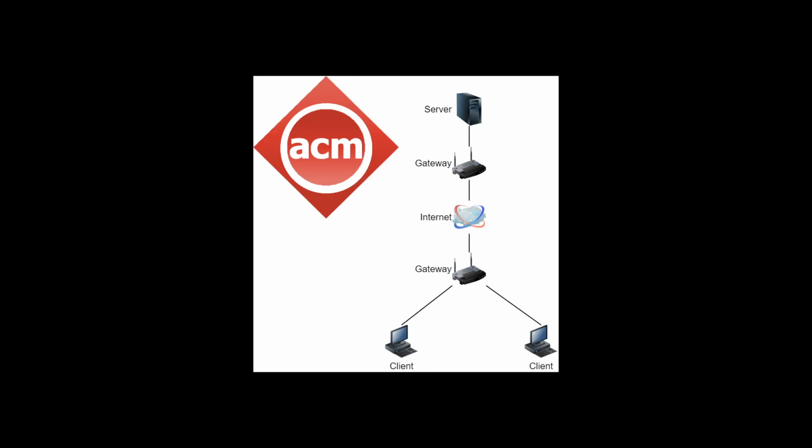But mostly, what it boils down to is that a client connects to a server through the internet using their gateways. We'll show how to configure that in a VM because a VM is kind of the same thing, except the internet is hosted locally on your computer, so to speak.